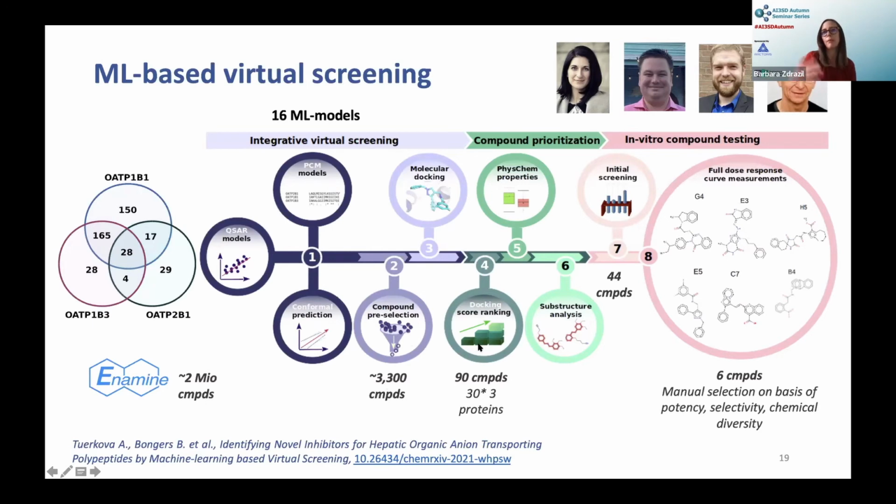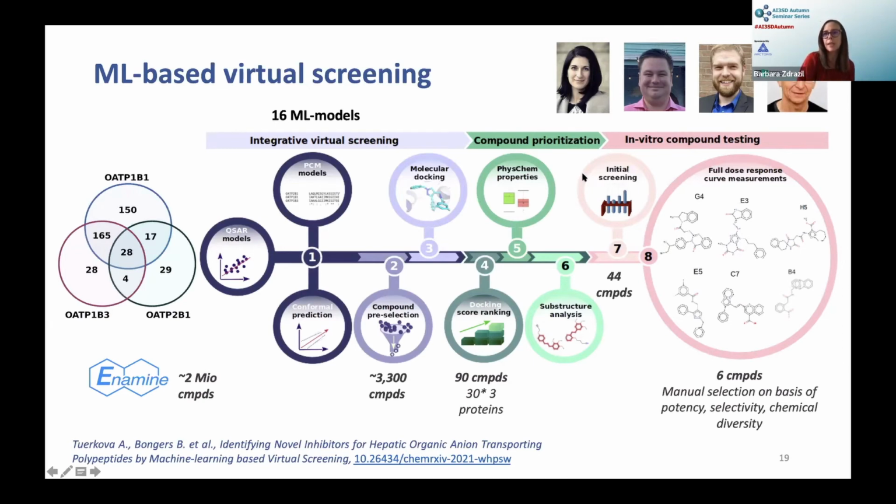And then we did some further filtering steps. On one hand, what we learned in the beginning already about the physical properties of the literature compounds for those three transporters, we used to filter out compounds that were not falling into these known ranges of physical properties. We also did a substructure analysis and tried to have a bigger chemical diversity among our compounds.